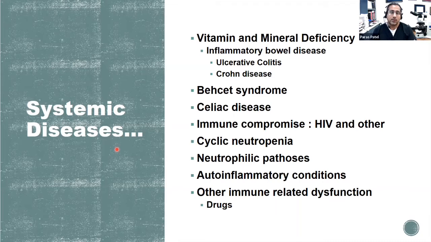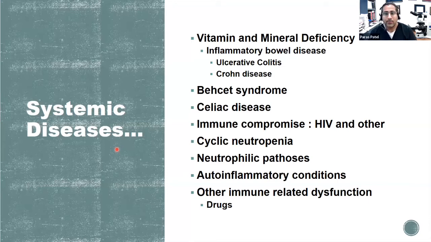And again, Crohn's is one of those disease processes that can affect pretty much from top to bottom. And so you can have effects in the anal region as well as in the oral cavity that can be clinically manifested as a function of this underlying disease process. And in Crohn's disease, you can also have this vitamin mineral deficiency develop as a function of the inflammation in the gut, which doesn't allow for proper absorption of nutrients.